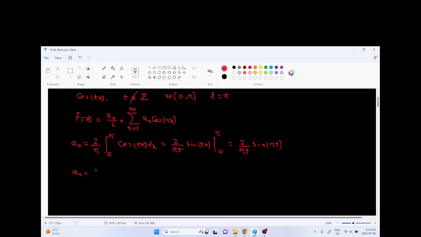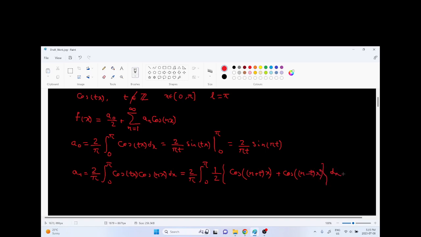And then for a n, we get 2 over pi times the integral from 0 to pi of cosine of tx times cosine of nx dx. And using the sum and difference formulas for those trig identities, we can write the product of those two cosine functions as half of cosine of the sum of the two angles, so n plus t times x, plus cosine of the difference of the angles, and then integrated with respect to x.